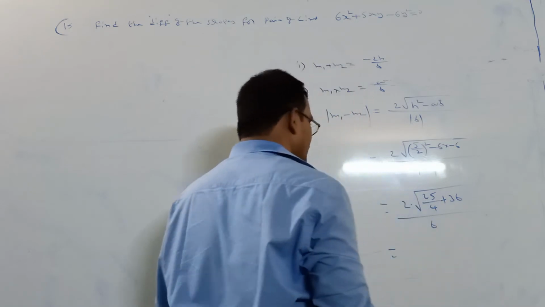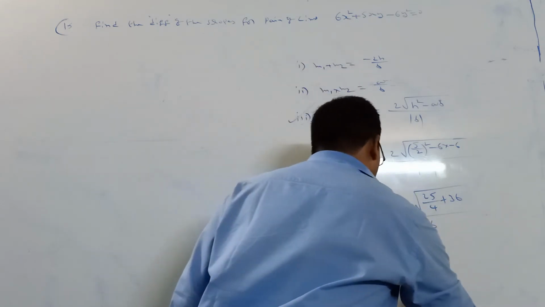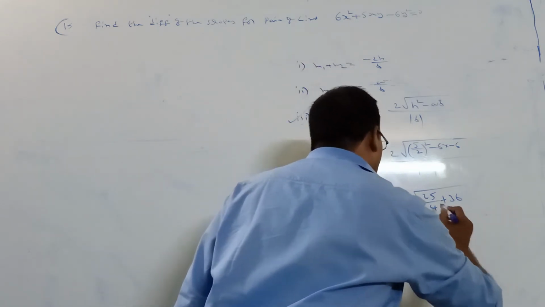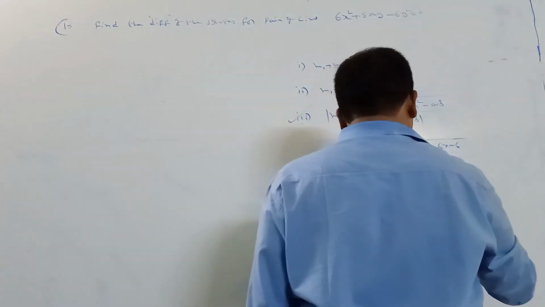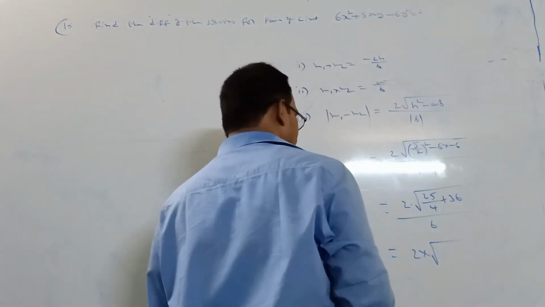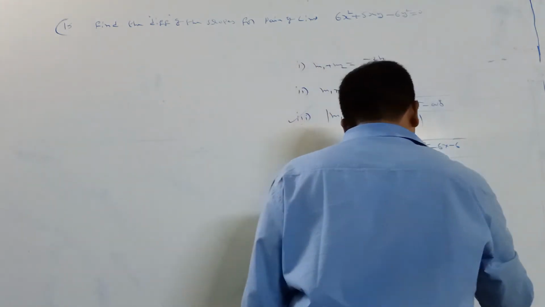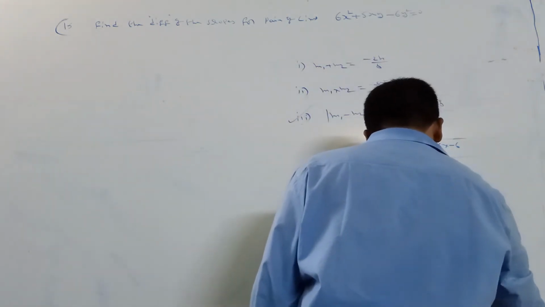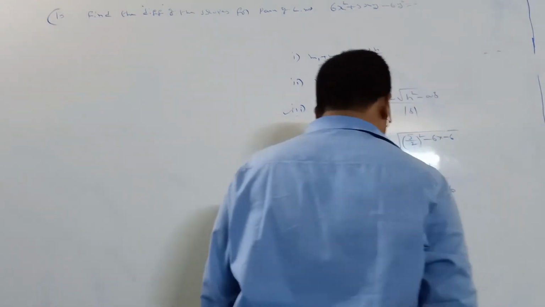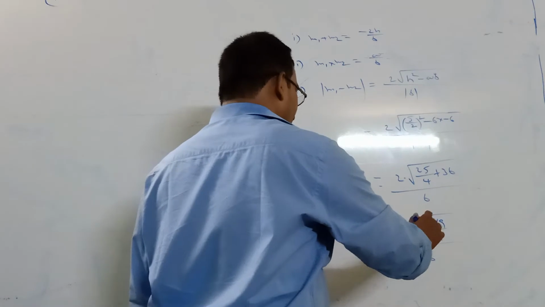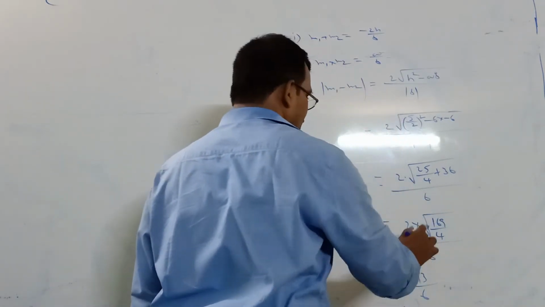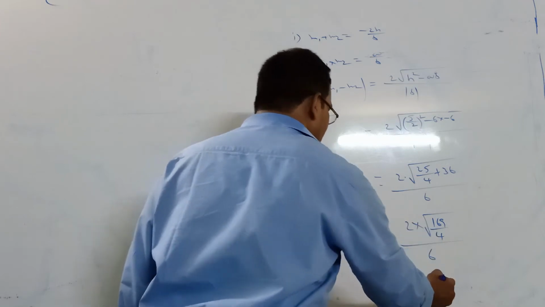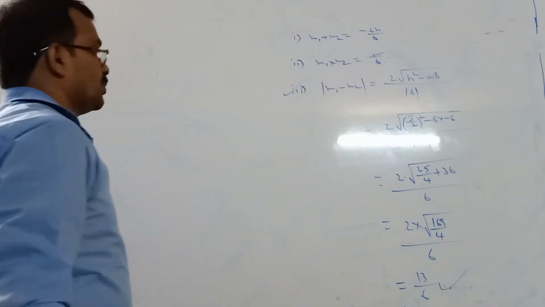First 2 goes here. Otherwise 2 into under root of 25 plus 144 by 4. 144 plus 25 is 169, 169 by 4, by 6. That is 13 by 2. 2 cancels. It is 13 by 6 is the answer, the difference of the slopes.